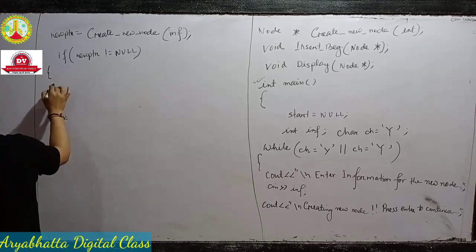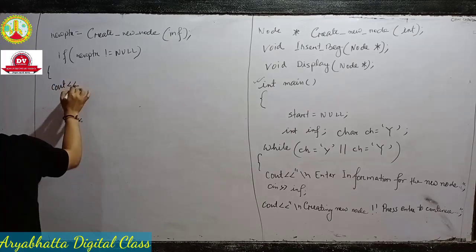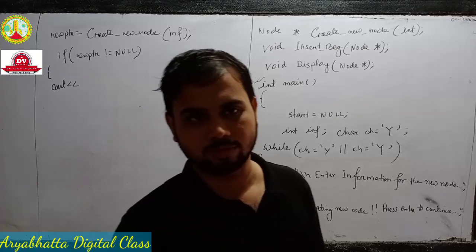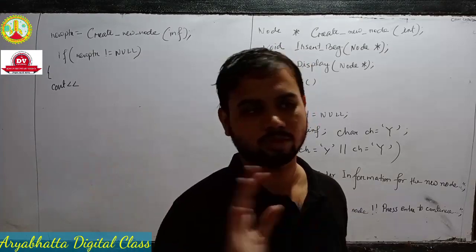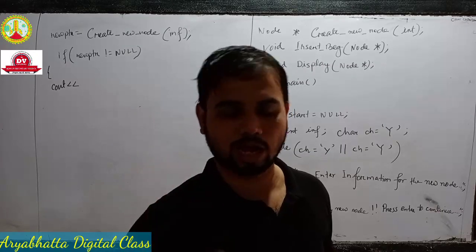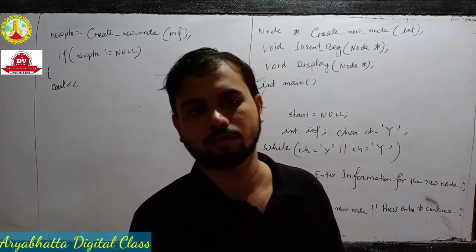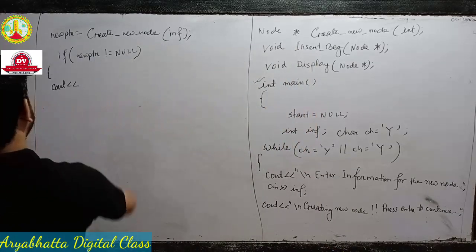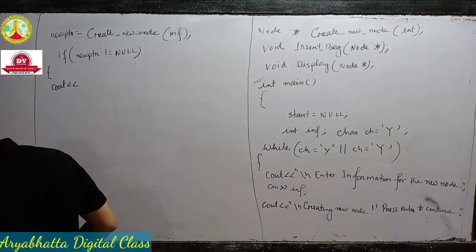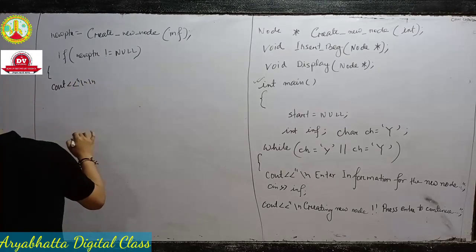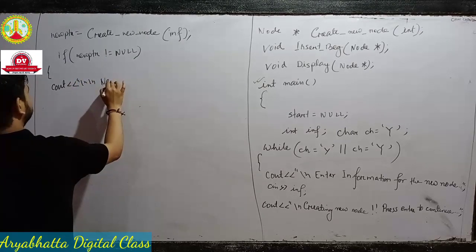I already told you, if it is null it means the node does not exist. We have done this already in the algorithm. If new PTR is equal to null, print no space available, aborting, meaning the node is not created. How can you insert a new node if the node is not created? That's why it must be checked that the node is not null. See the output: new node created successfully.